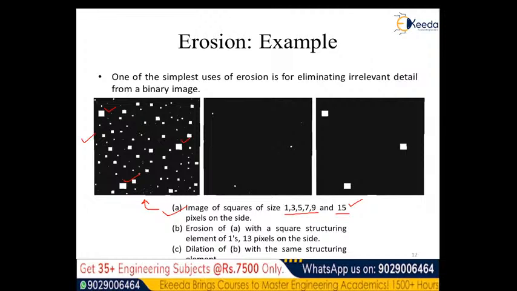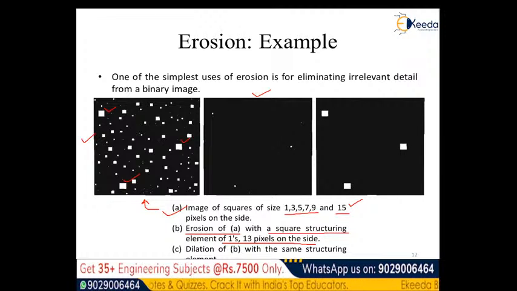Now, if the erosion operation is performed on such an input image, for performing the erosion operation we need the help of the structuring element. So, if the structuring element has dimensions of 1s and 13 pixels on the side, the resultant image we obtain is like this here.